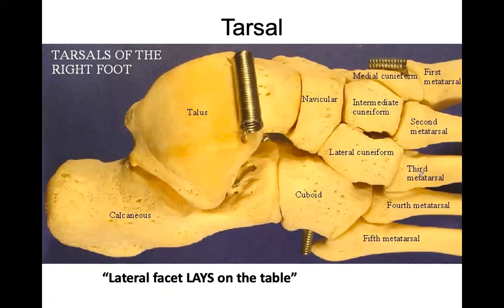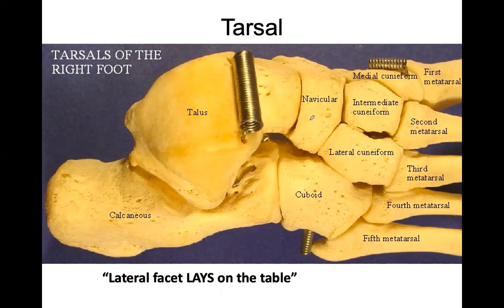The tarsal bones, there are a total of 7 bones. Again, the larger bone is the calcaneus, as this is where the heel of your foot is formed. Lateral to that, you have your talus.